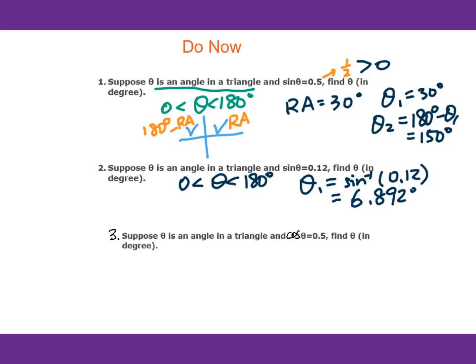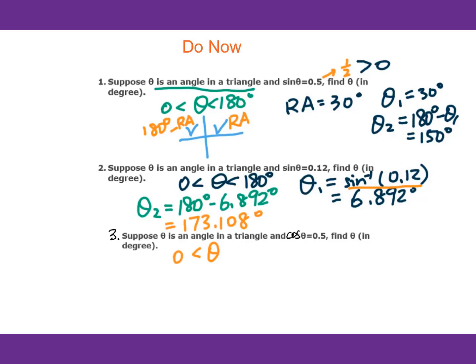Make sure when you put into calculator that mode is set to degree. Then theta 2 equals 180 degree minus 6.892 degree, you will get 173.108 degree.